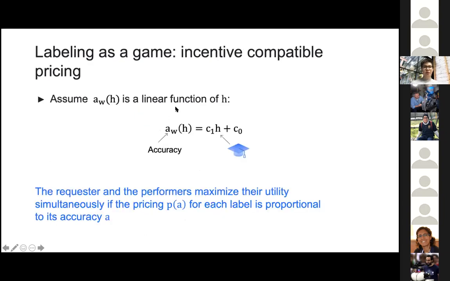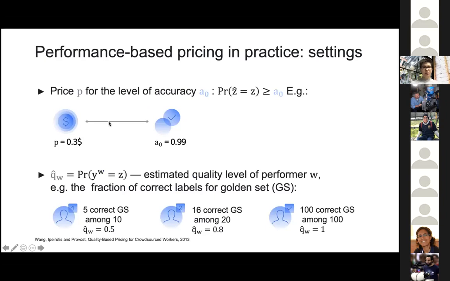If we assume that the accuracy is linear to the effort of the performers, then performers and requesters maximize their utility if the pricing is proportional to the accuracy. Simply saying, if the pricing is proportional to the accuracy, the game maximizes the utility. That's the idea. And the implementation is defined here.